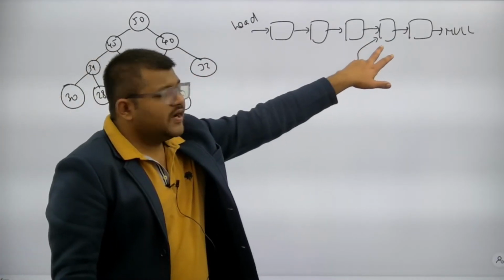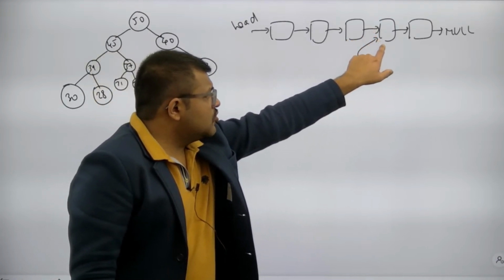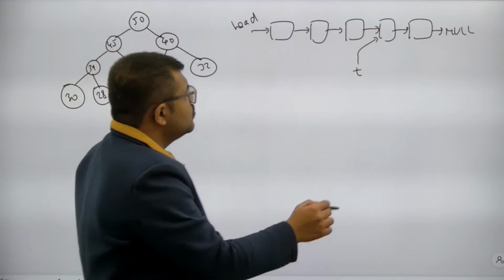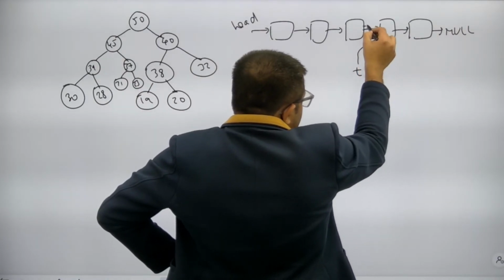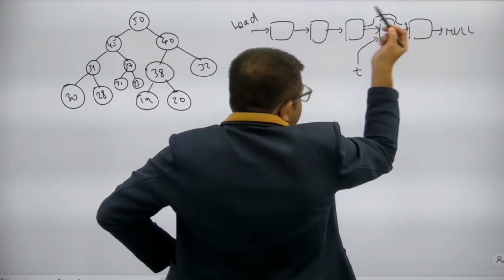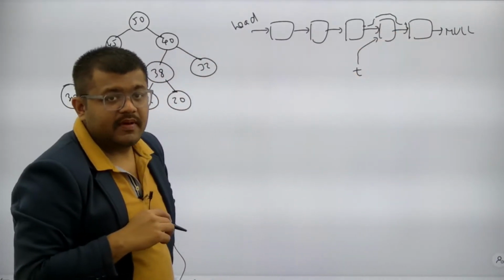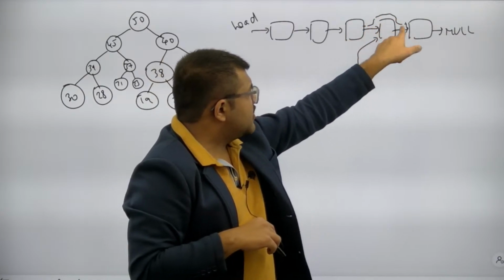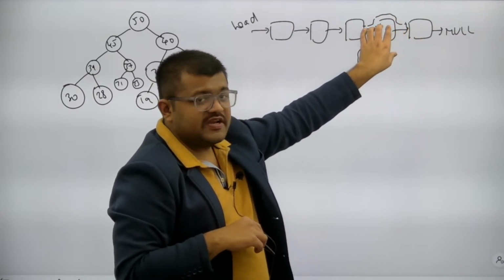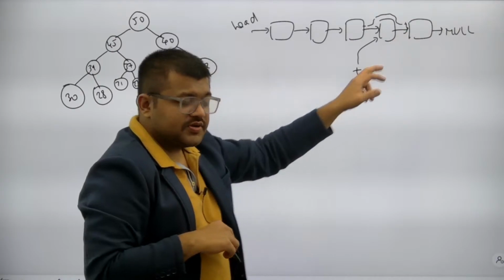Now if you want to delete this node, you need to take the next pointer of the previous node and connect it here. Are you getting my point? You take the next pointer of the previous node and connect it with the node after this one, so this node vanishes and you get the new linked list, right?